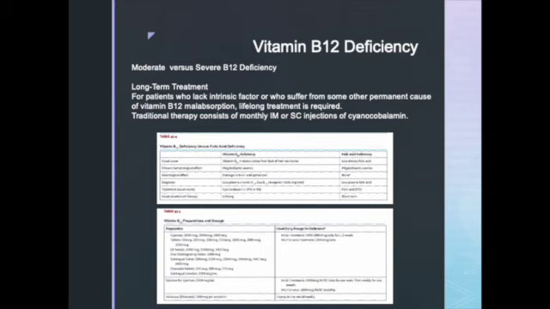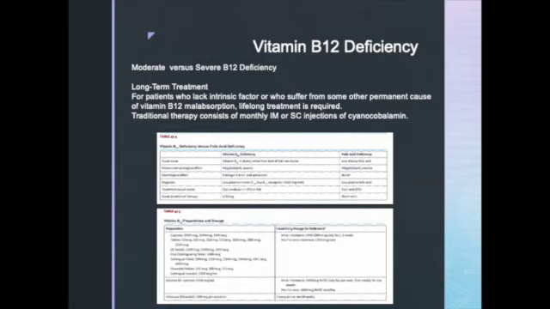In most cases, vitamin B12 deficiency is the result of impaired absorption. It's only rarely because there's insufficient B12 in the diet. However, our patients that are vegan have a higher risk for vitamin B12 deficiency.